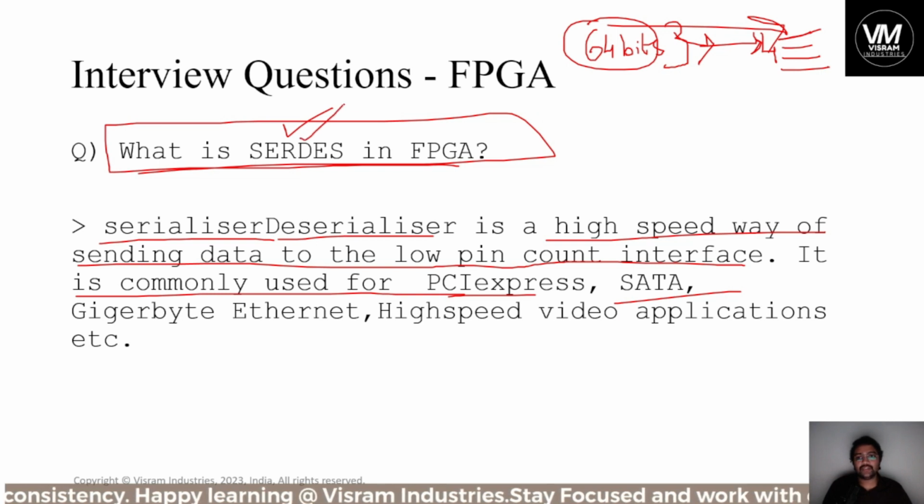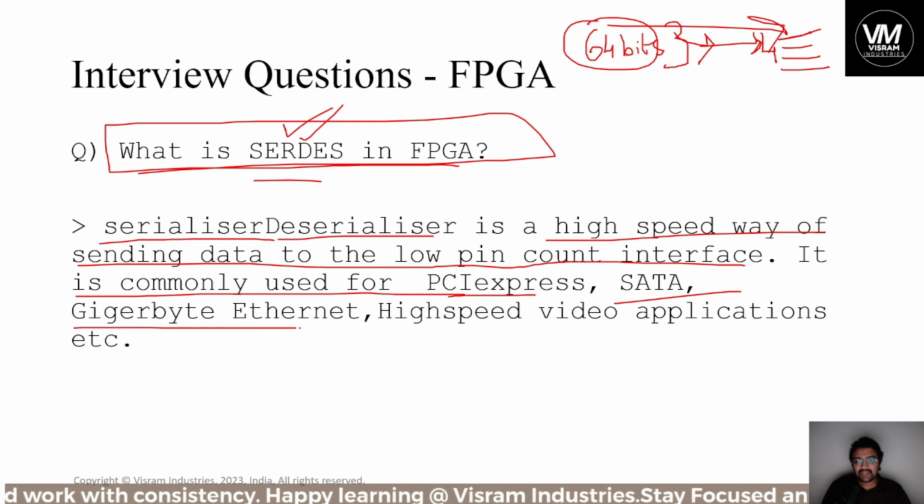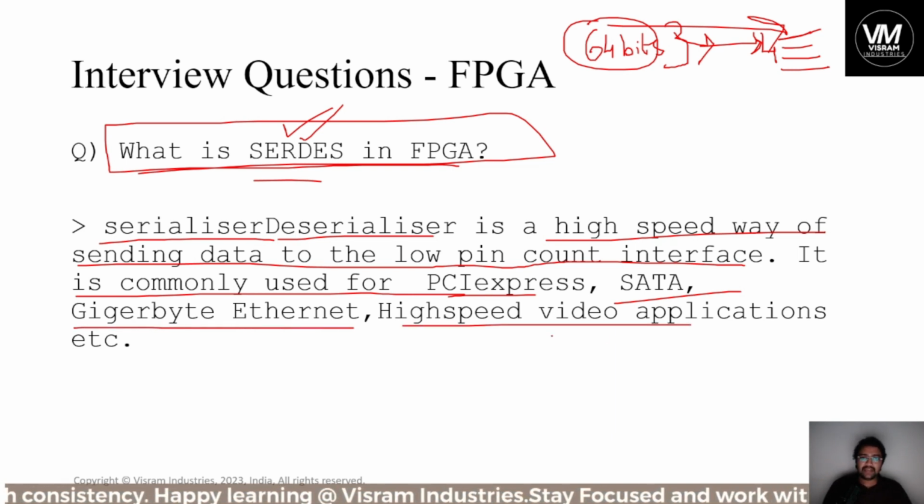So consider your FPGA is like your external hard disk. You have written a large memory design on the FPGA and implemented it, and for that FPGA you want to process the data you read and write with a small USB cable with very few pins. What happens? You need a SerDes application in that. Another is gigabit Ethernet or high speed video applications on the FPGA.